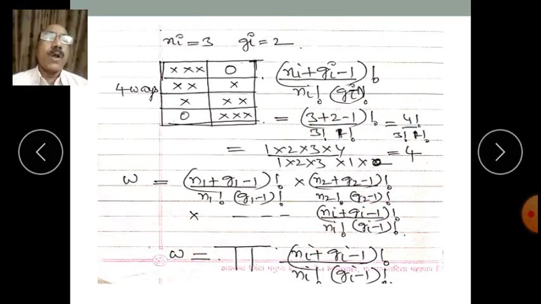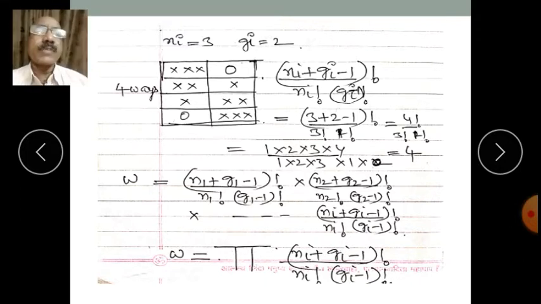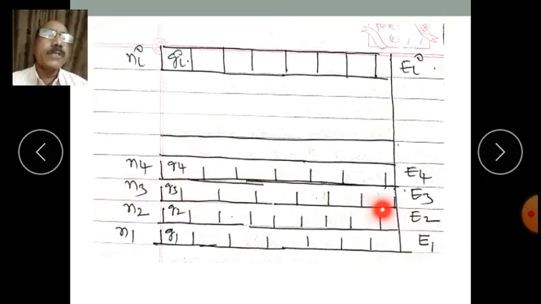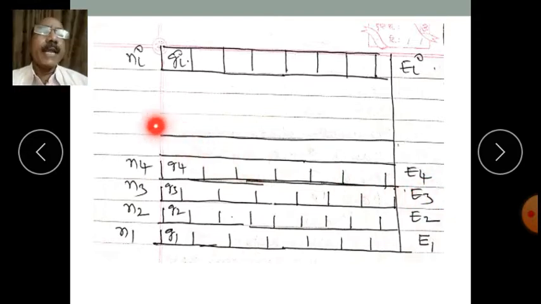Or for all the energy states taken together, that is N1 number of particles to be distributed in G1 number of cells having energy E1, N2 number of particles to be distributed in G2 number of cells having energy E2, N3 number of particles to be distributed in G3 number of cells having energy E3, and so on.